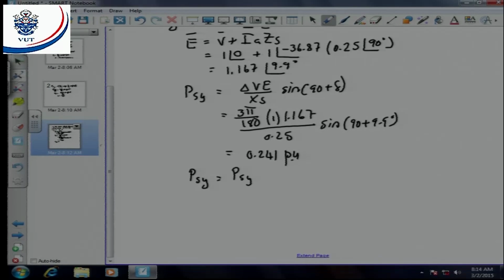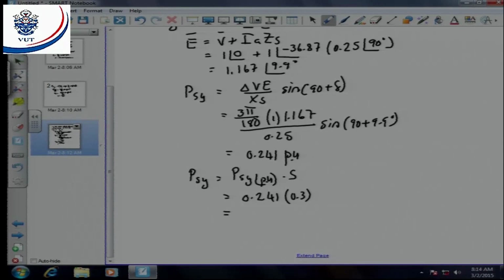Operating at full load, power factor of 0,8 lagging. Let's calculate the synchronous impedance, electromagnetic power developed, and the synchronizing torque.